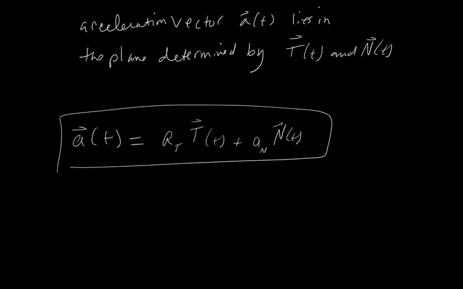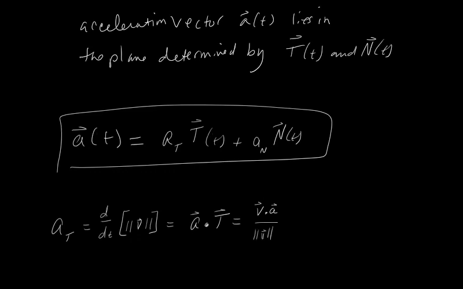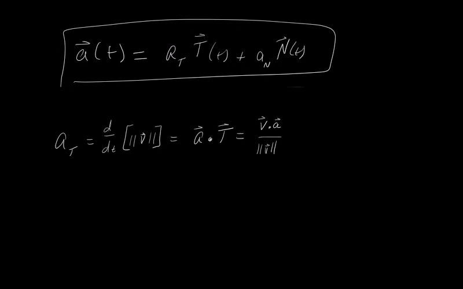We have a_T is equal to d/dt of the magnitude of the velocity vector. There we go. Okay, so that's equal to A dotted with T, which is equal to V dotted with A, all these are vectors, divided by the magnitude of V. And then a_N is equal to the magnitude of the velocity times the magnitude of the tangent vector.